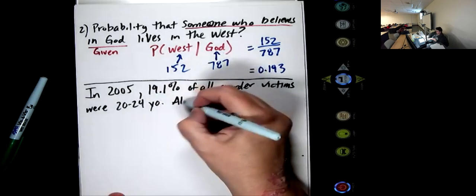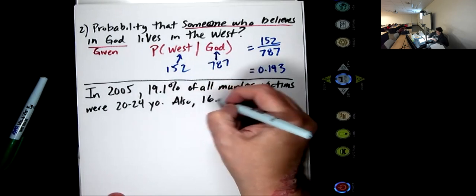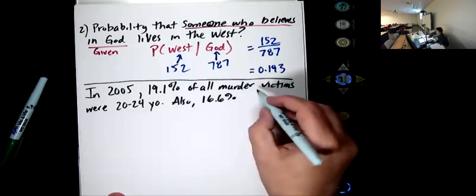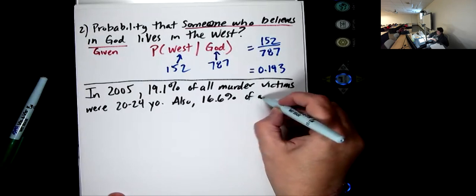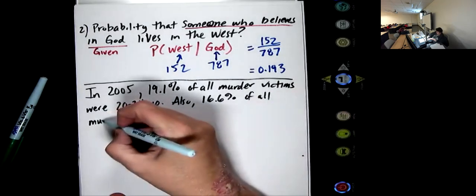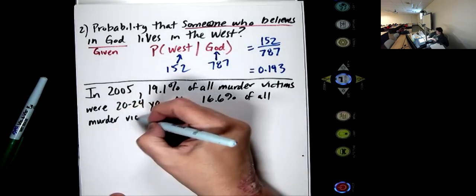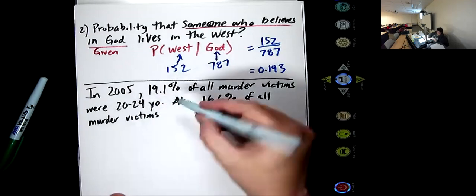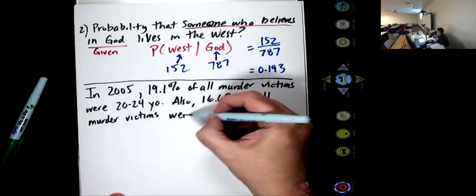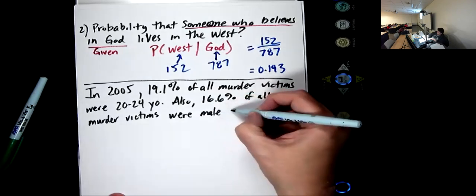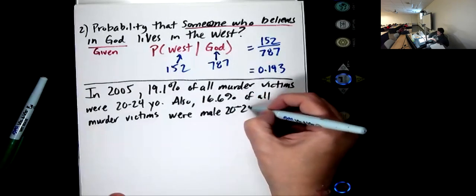Also, 16.6% of all murder victims were male, 20 to 24-year-olds.